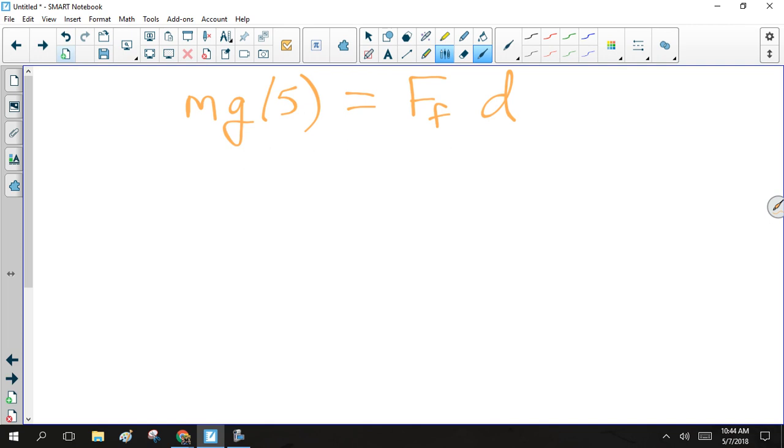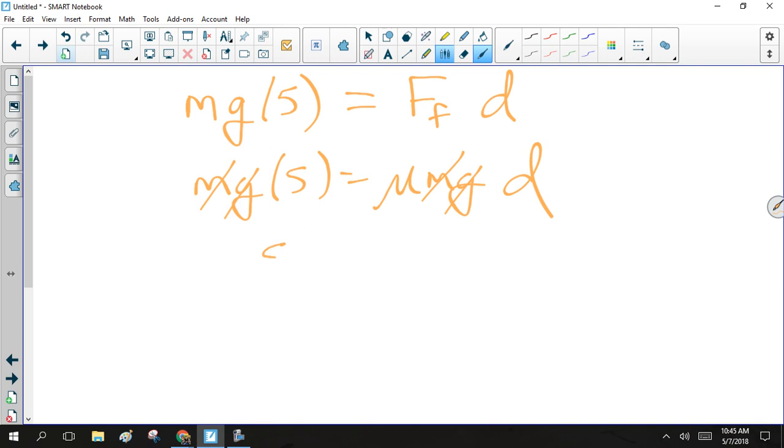Because your energy has to go from whatever down to 0. Follow? So you get mg times 5 equals coefficient of friction times mg times d. Your mg's cancel. So you get 5 equals 0.2 d, and you're done. Cool?